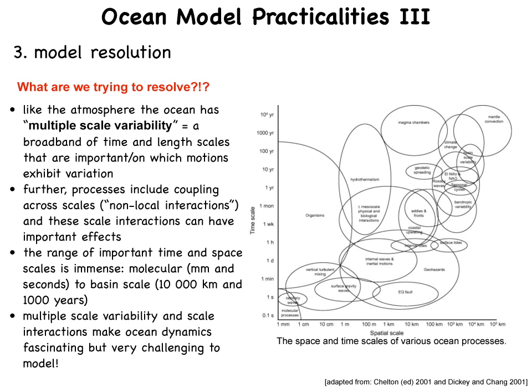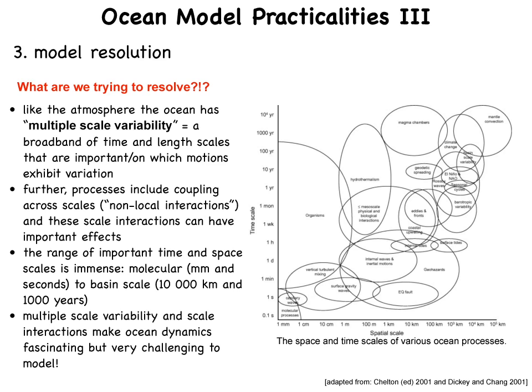Okay. All right, the third kind of practicality is we have to think about, well, what kind of resolution? Now I've divided my ocean up into a bunch of boxes. How big should those boxes be? Well, before you answer that question, you have to ask yourself, well, what am I trying to resolve?